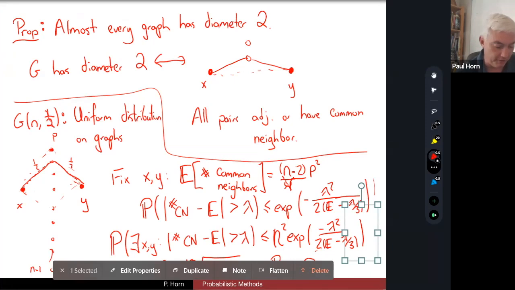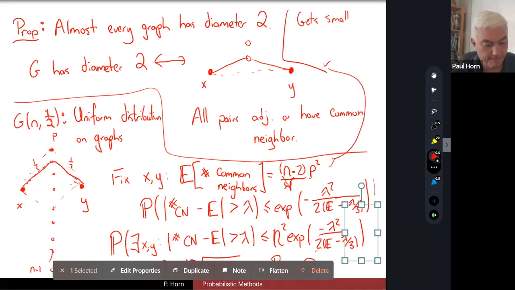And I can already see from this that 1 over the square root of n is when this gets small. So this gets small when p is much less than 1 over the square root of n-ish. And it's big if p is much bigger than 1 over the square root of n.